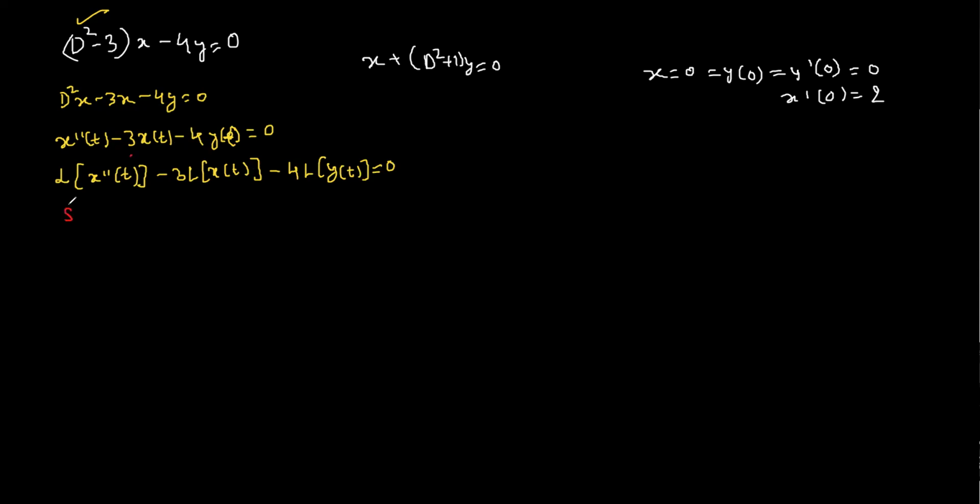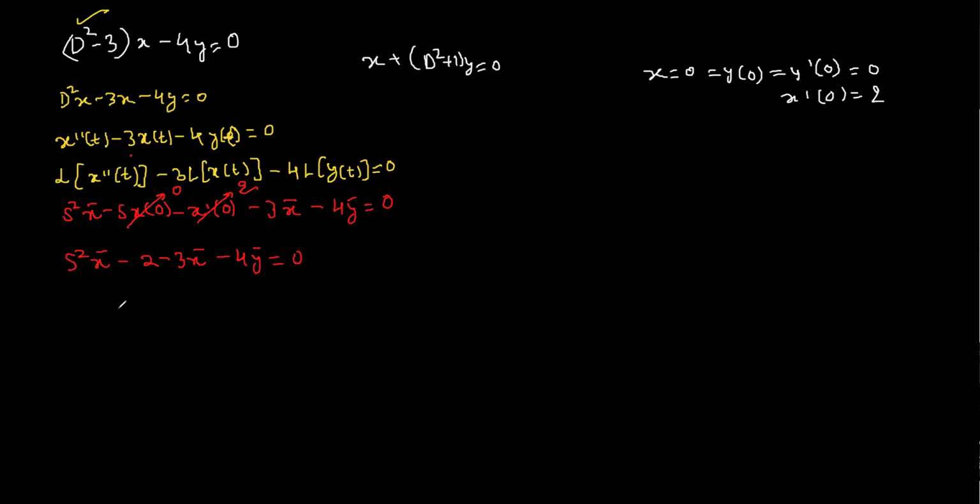What is the formula? This is s square x bar minus s x(0) minus x dash 0. This is simply x bar only. This is simply y bar only. x(0) is 0, but x dash 0 is 2. 0 minus 2 minus 3x bar minus 4y bar is equal to 0.